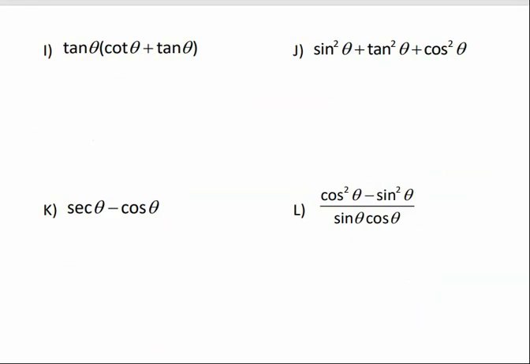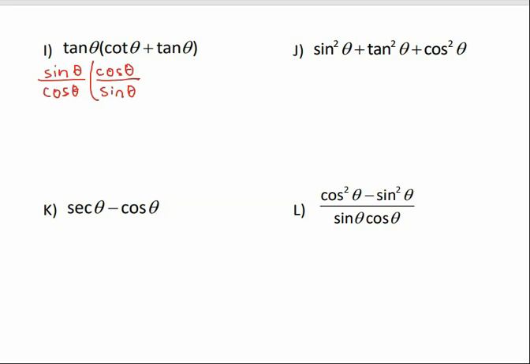Here's another one. I don't see any squares, so let's change it into terms of sine and cosine. Tangent of theta is equal to sine of theta over cosine of theta. And cotangent is the reciprocal of that, so that's equal to cosine of theta over sine of theta.